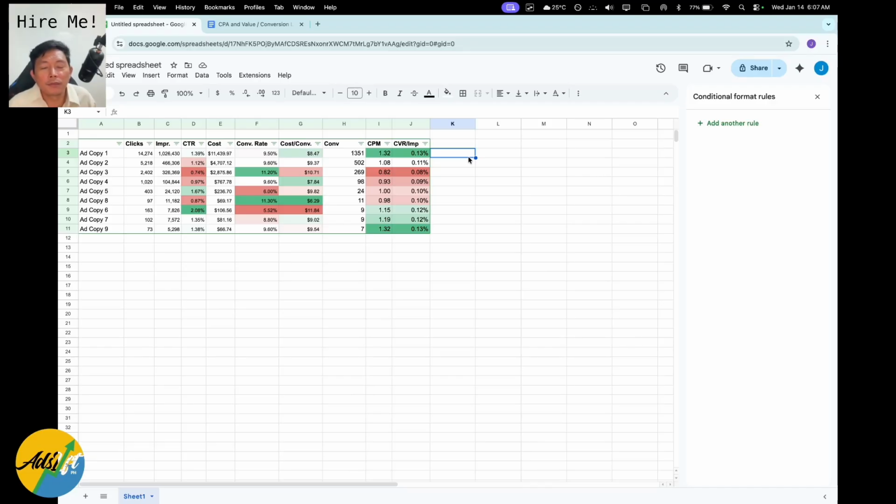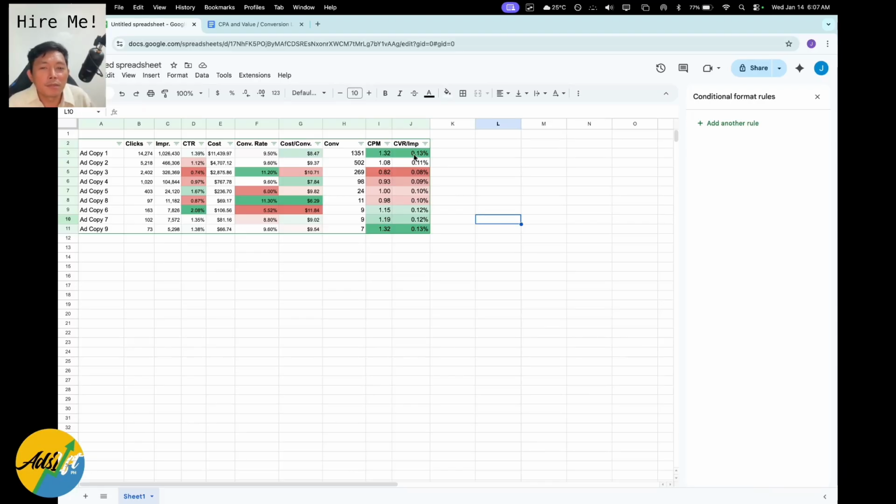This indicator sometimes refers to display, but here the CVR tells us about almost the entire campaign goals, like search, product listing ads, PMax, demand gen.